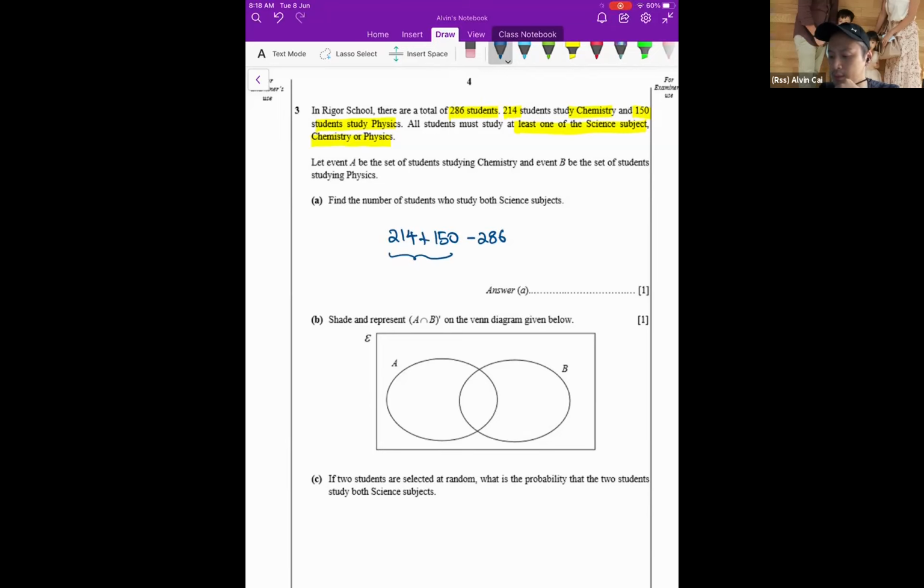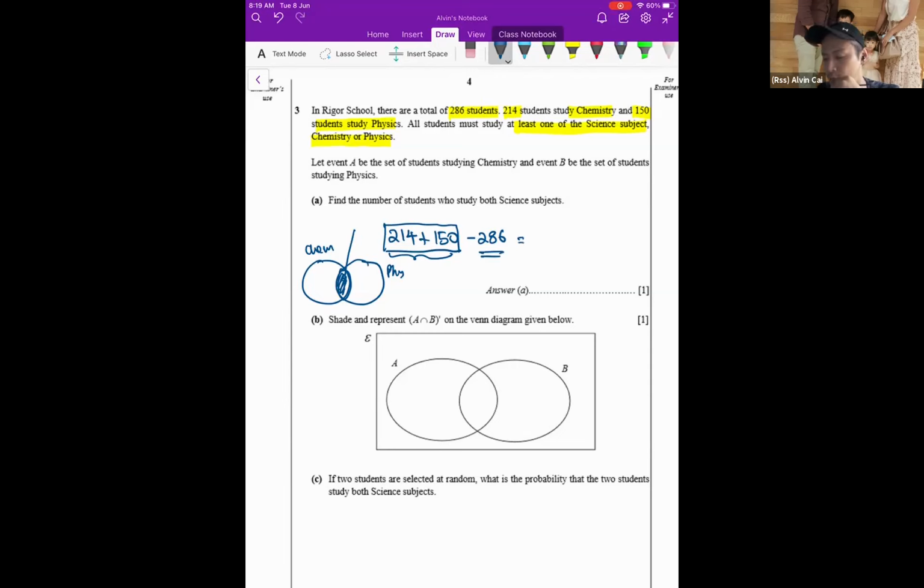In terms of set language, the ones studying chemistry, and this one studying physics, some of them belong to this category where they study both physics and chemistry. So how do we find that group of people? It's basically add up the totals, and minus away the total number of students.